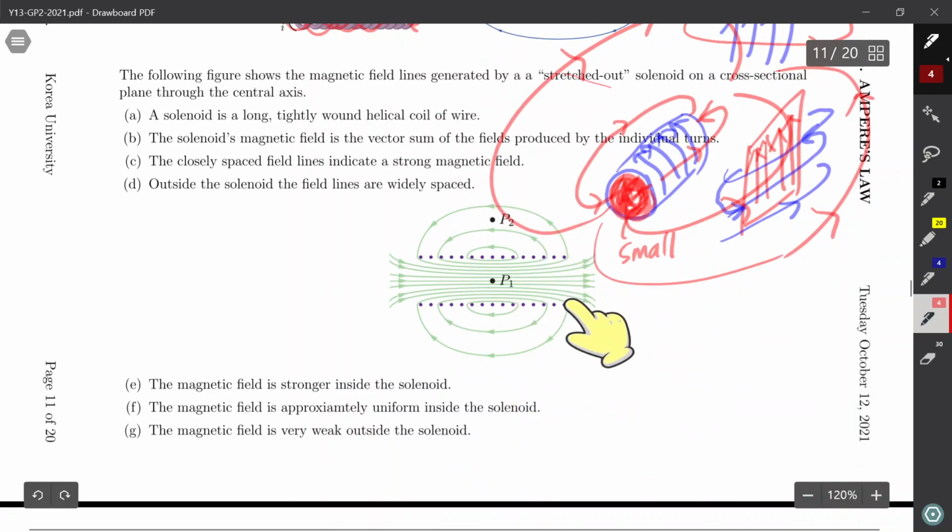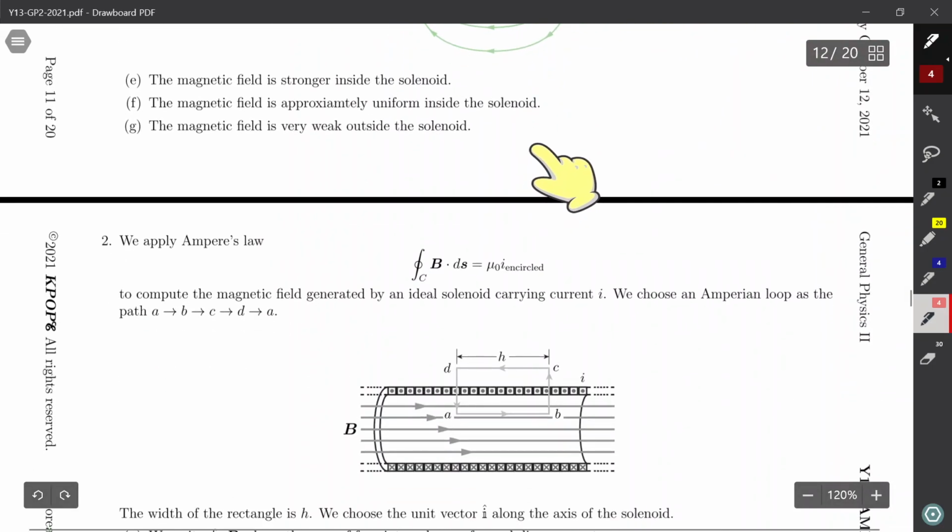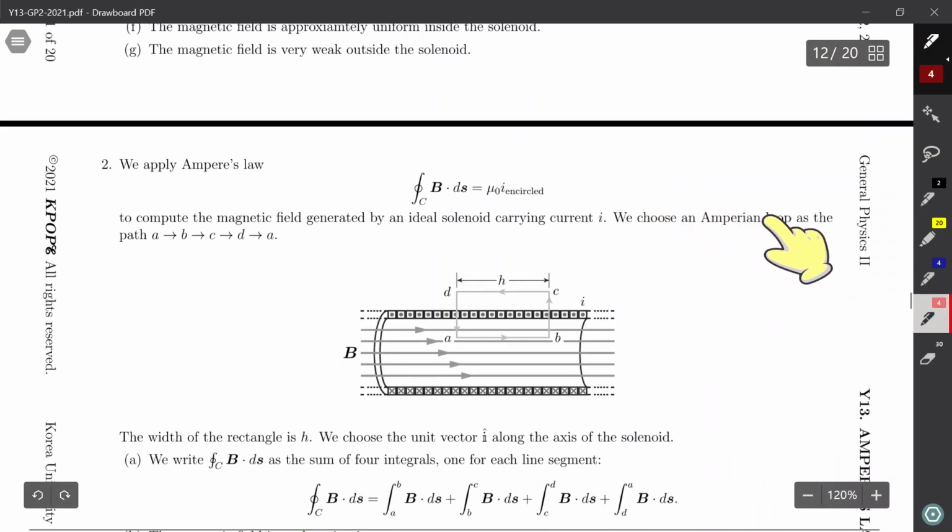As shown in this figure, the magnetic field inside the solenoid is very strong, but outside is weak. We can choose an Ampere loop in such a way. So the magnetic field inside is strong.